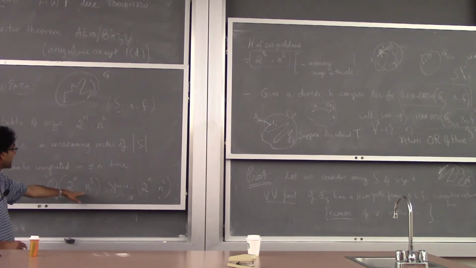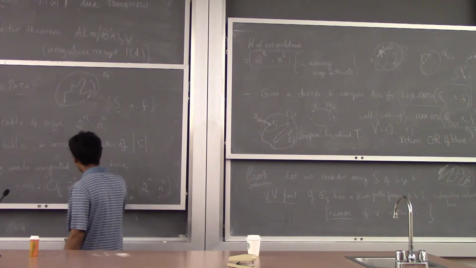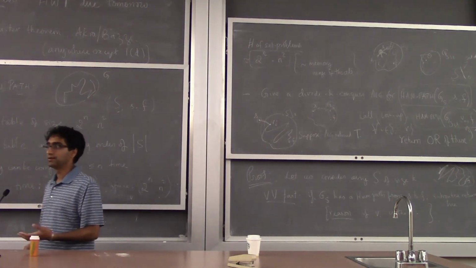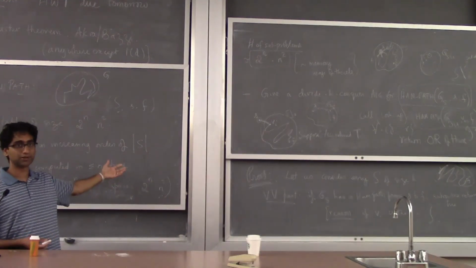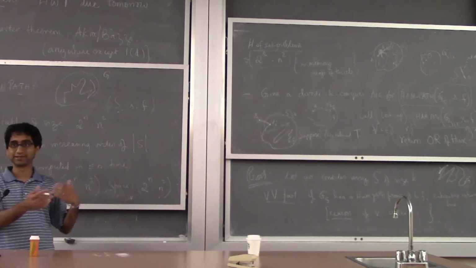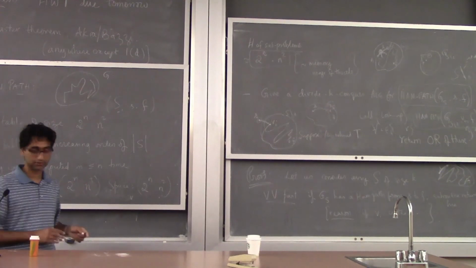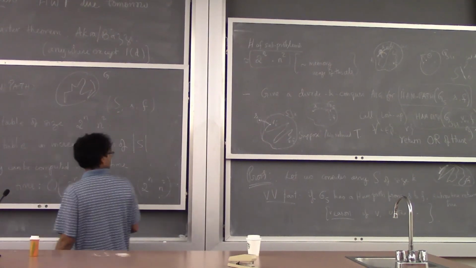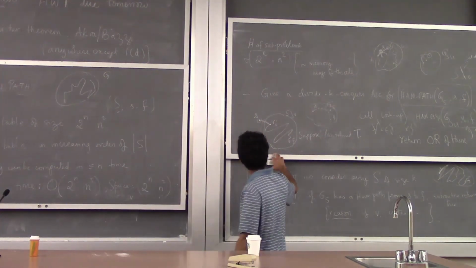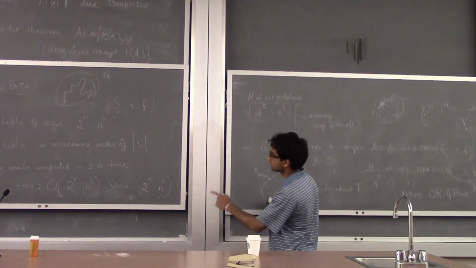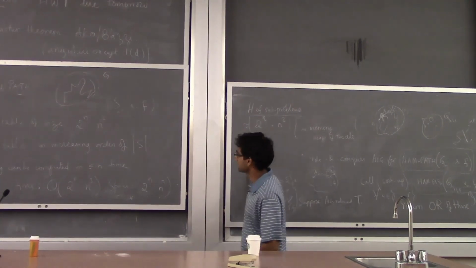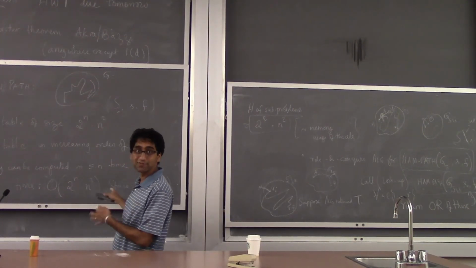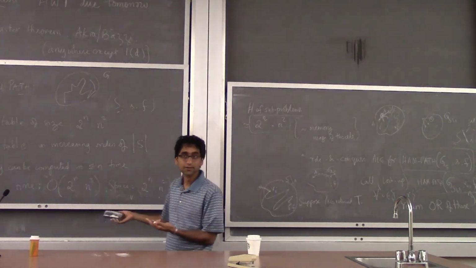That would give slightly better running times, 2 to the n times n squared and 2 to the n times n. But it's not much because we already have a 2 to the n that dominates the running time. So that's the thing I wanted to say. This is an algorithm where both the running time and the space are roughly 2 to the n.